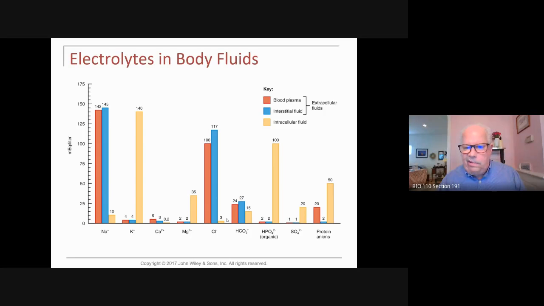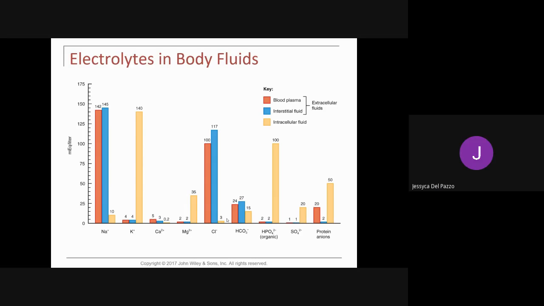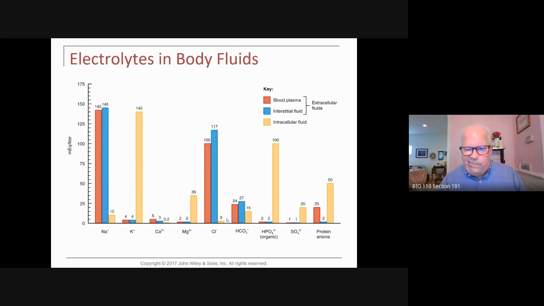Anion is a negatively charged ion. Then would it be HPO? Yes, it's phosphate. Hydrogen phosphate. Yes, you are correct. Okay? Everybody understand that?